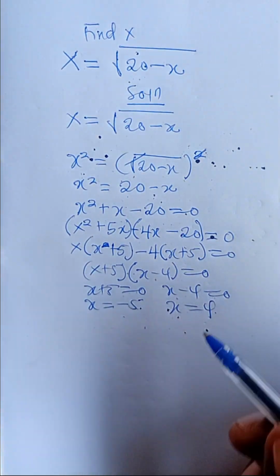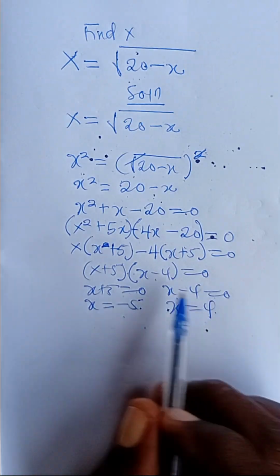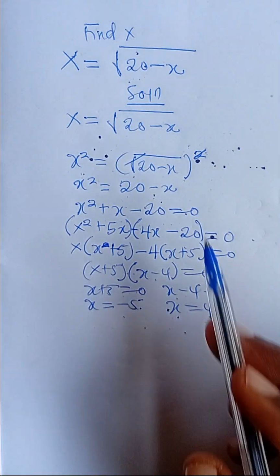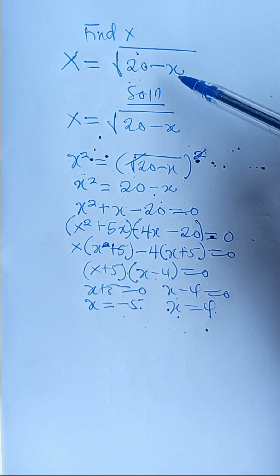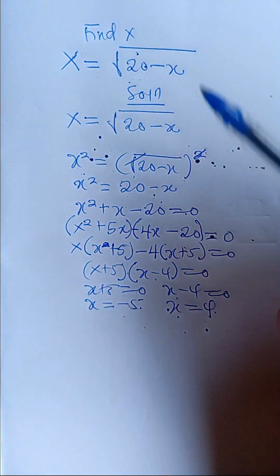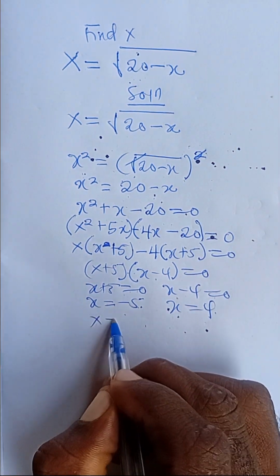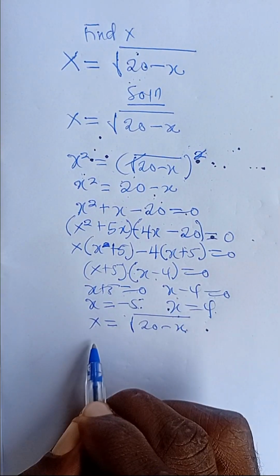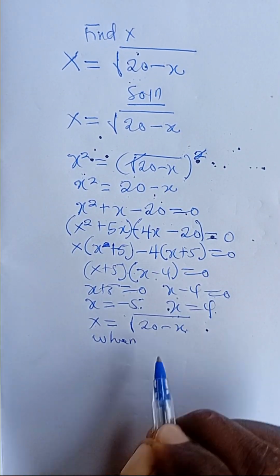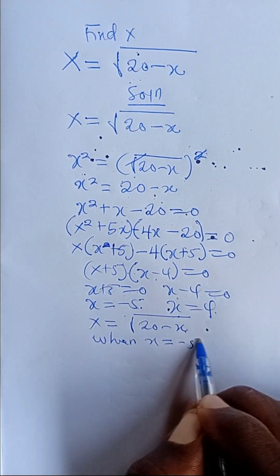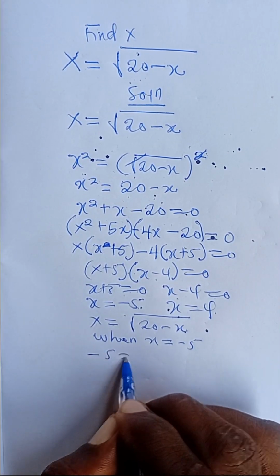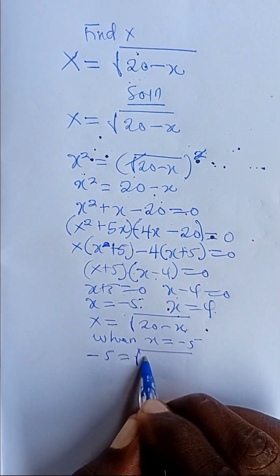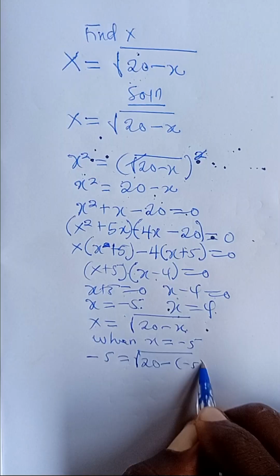But to know the real value of x, we are going to put these two values of x into the equation to see whether it is going to satisfy the equation. So we have the equation x is equal to the square root of 20 minus x. When x is equal to minus 5, we have minus 5 is equal to the square root of 20 minus 5.